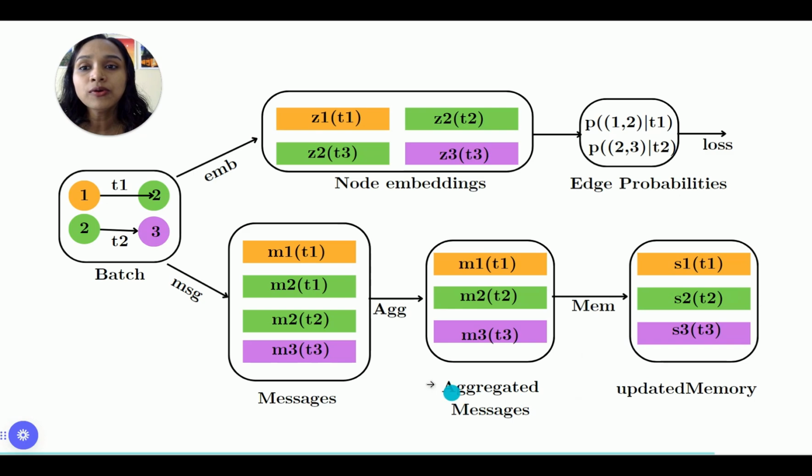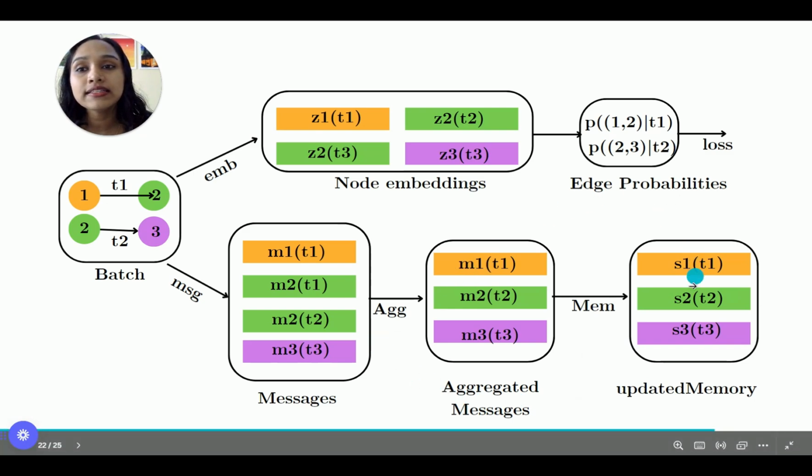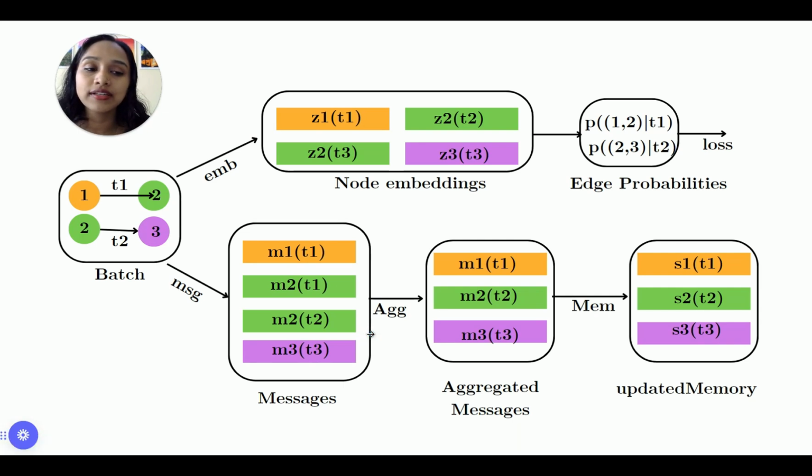So this is how a TGN uses all these modules, which are the memory module, message function, message aggregation, memory updater module, and embedding module, to calculate the probability of formation of this edge.